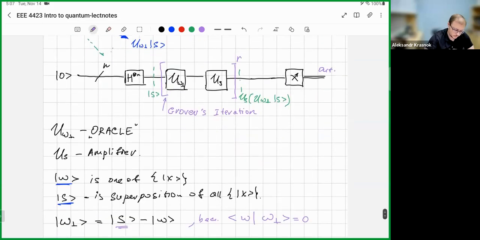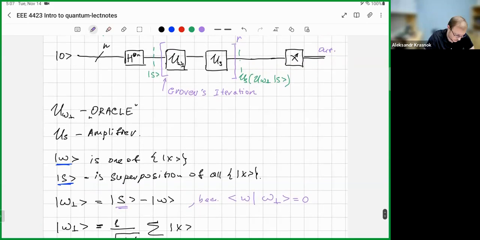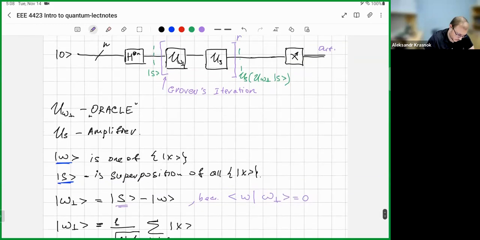In the general case, this Grover's iteration must be applied several times. This operation consists of two unitary operators. One is the oracle, which is programmed for searching for the particular state omega, and the other one is the amplifier, which is pretty much the same for any Grover's algorithm circuit.